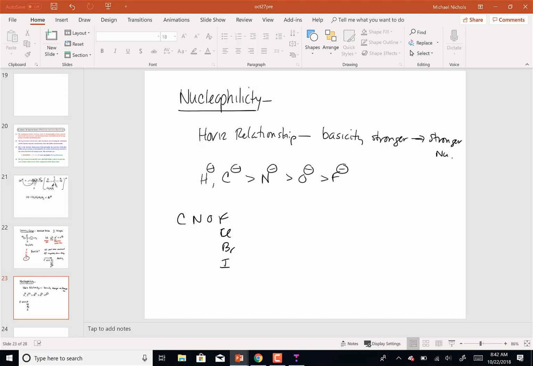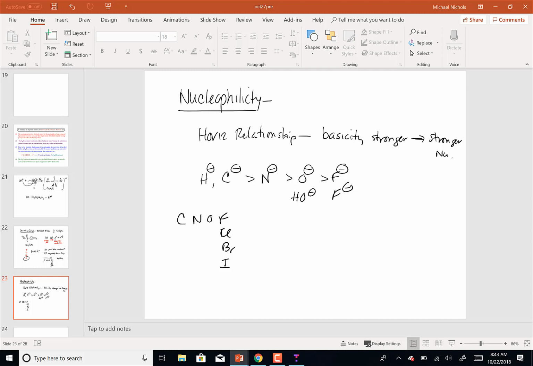That's the order of nucleophilicity. So H minus and C minus are stronger than N, stronger than O, stronger than F. Which means that a hydroxide is stronger than an F minus. So that's the horizontal relationships.